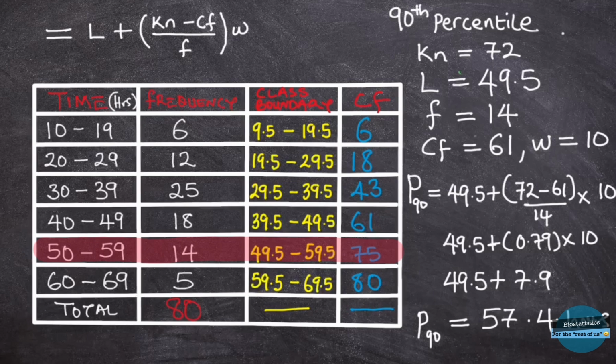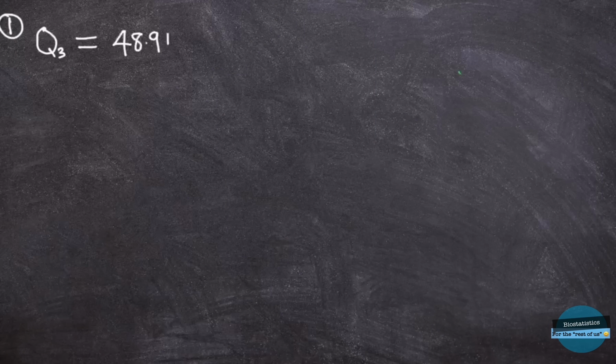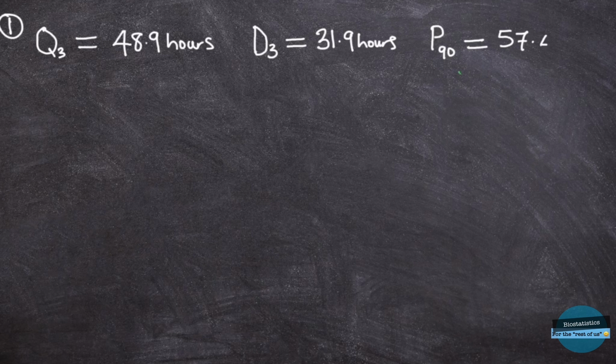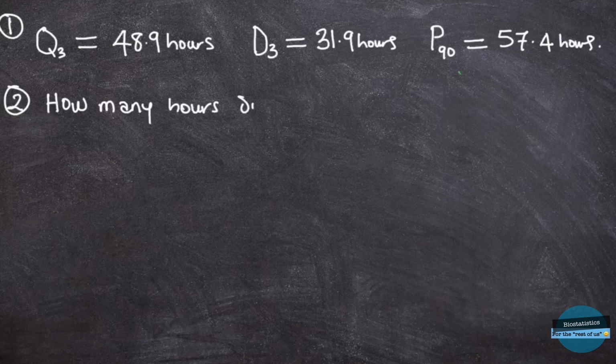Super awesome. So our third quartile, Q3, is 48.9 hours. Our third decile, D3, is 31.9 hours. And our 90th percentile, P90, is 57.4 hours. Awesome. Now, on to the next question. How many hours did at most 75% of the students read?